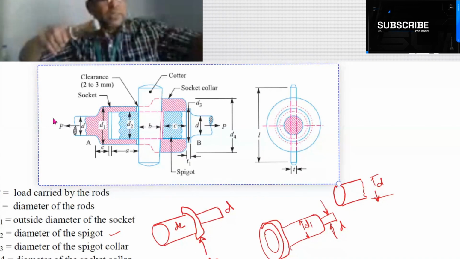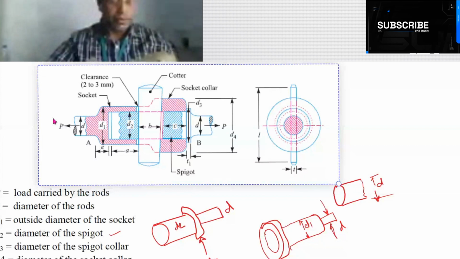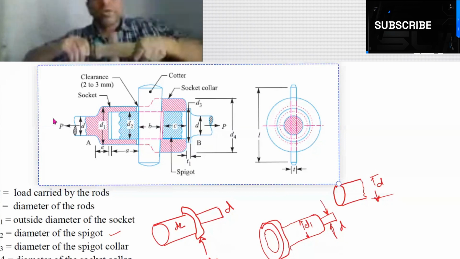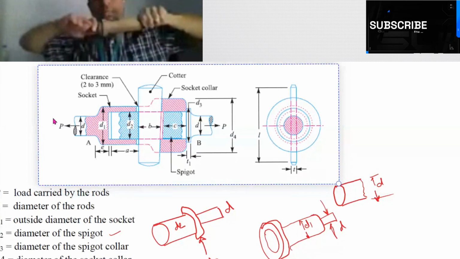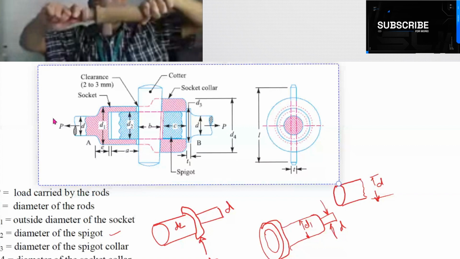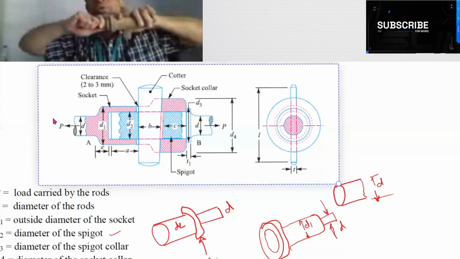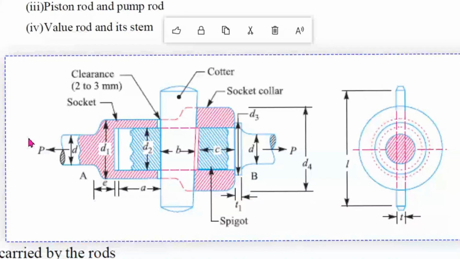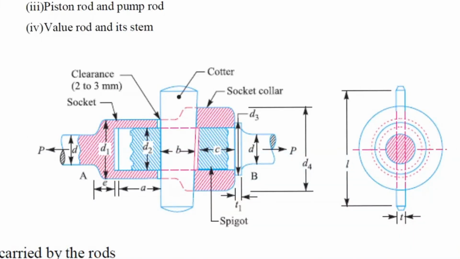Spigot भी खींचा जा रहा है. How? You can see it here. What I am doing is I am pulling the rod. Because of this, the spigot is also pulled. So the spigot is also in tension.